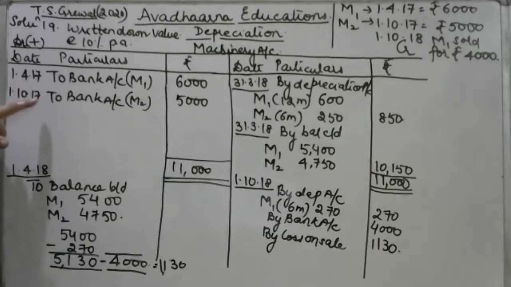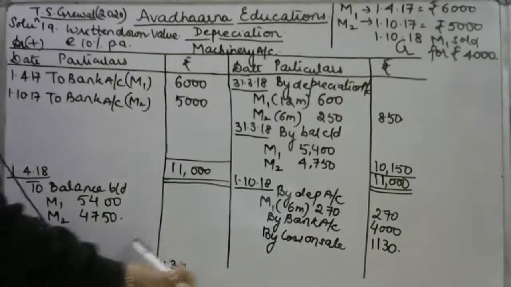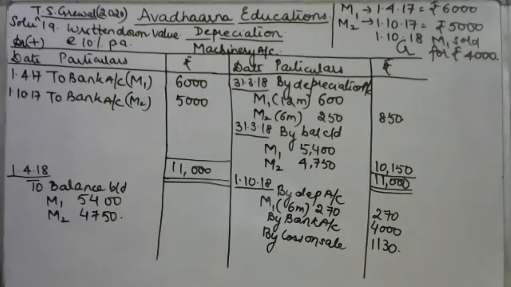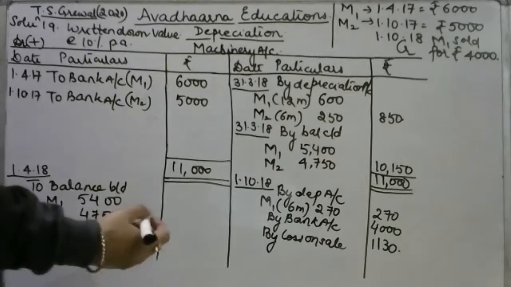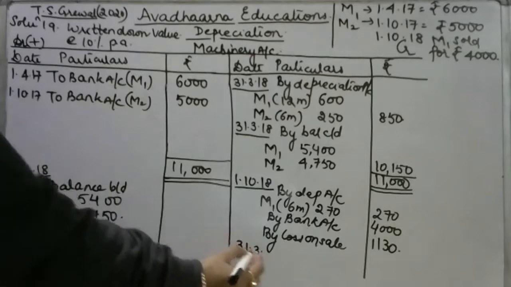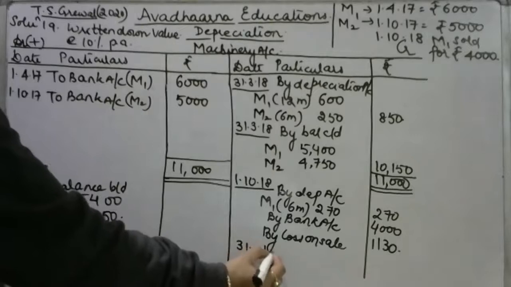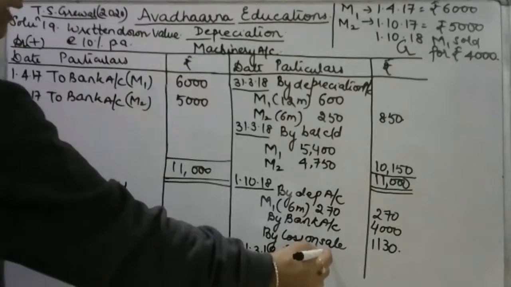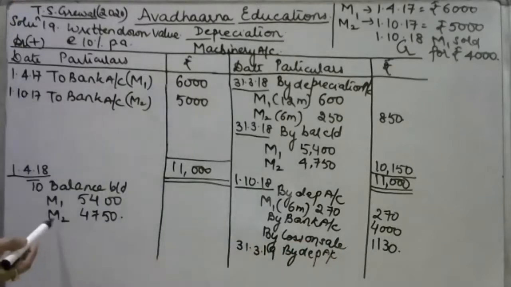Now we need to provide depreciation on the second machinery, that is M2, and we have used M2 for the whole complete year. So if we provide depreciation at the end of the financial year, that is on 31st of March 2019, we'll write by depreciation account, and this depreciation we are going to provide on the second machinery.